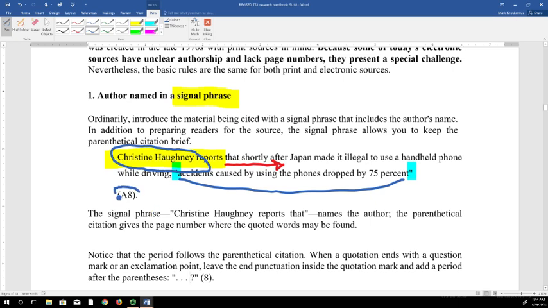And then we also include the page number at the end, and we have to be sure that we enclose that quoted information inside of quotation marks. So it's perfectly okay to do this, but we have to be careful that the direct quote does not take over the paragraph.